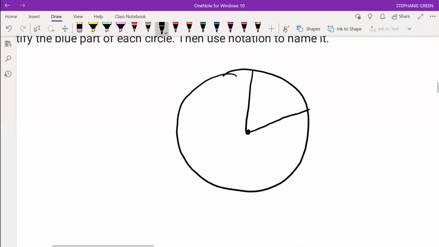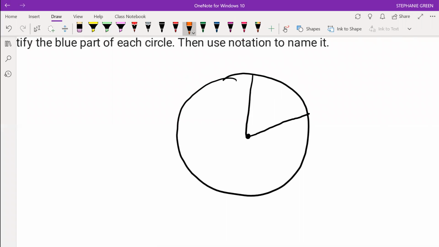Okay, when I have that central angle, again, I have two arcs that are formed, a minor arc and a major arc. So how do I name these two arcs?